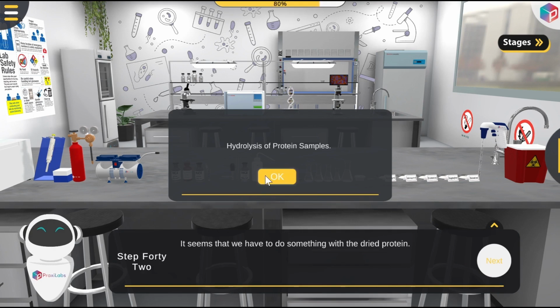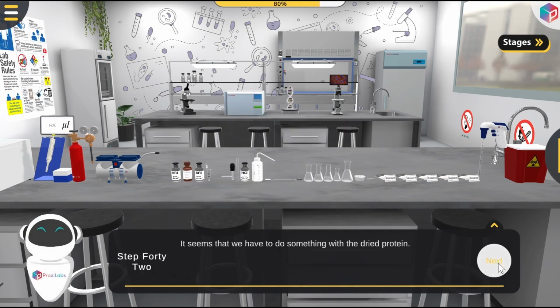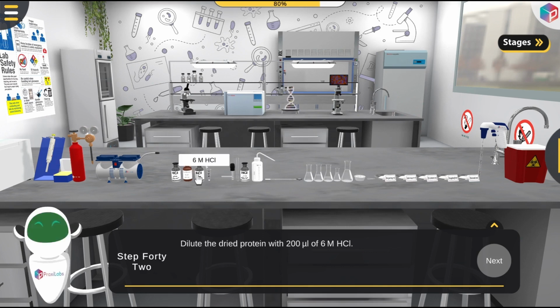Hydrolysis of protein samples. Step 42. Dilute the dried protein with 200 microliters of 6 molar hydrochloric acid.